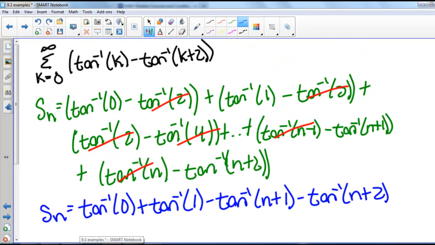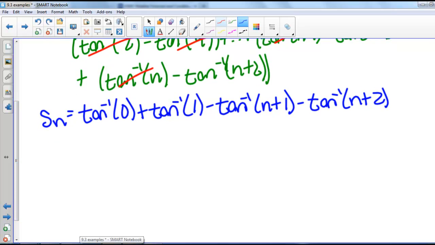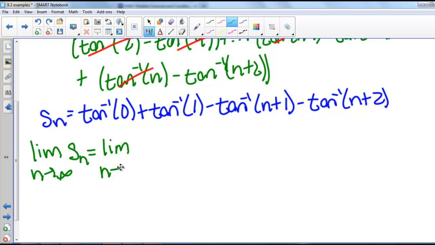So then we look at the limit as n goes to infinity of S sub n. Inverse tangent of 0 is 0.